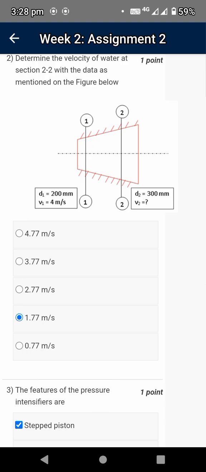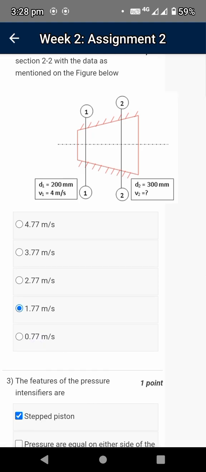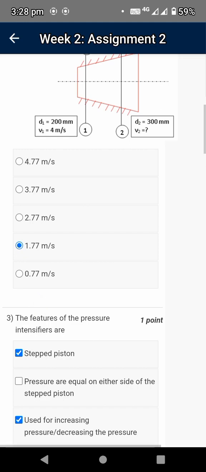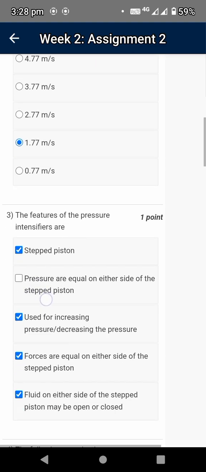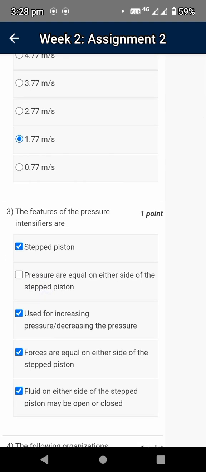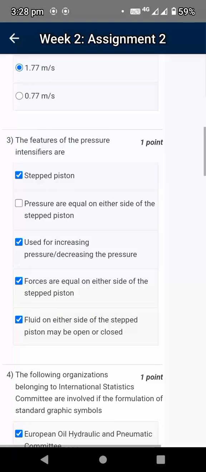A1 is equal to pi by 4 into d1 square and a2 is equal to pi by 4 into d2 square. We apply the values and calculate v2. The only unknown parameter is v2. After the calculation I got the answer 1.77. You can check that also.